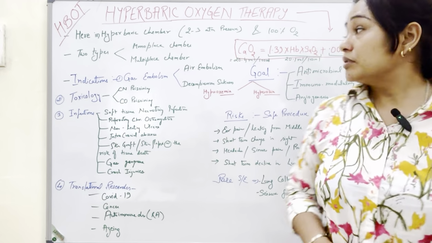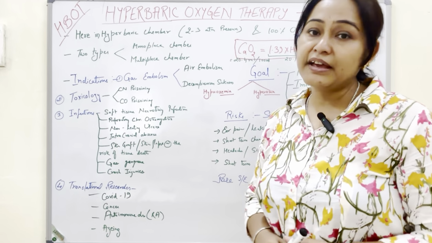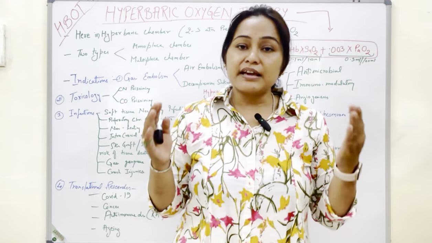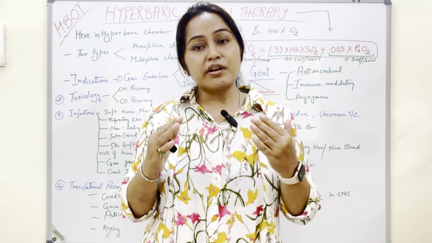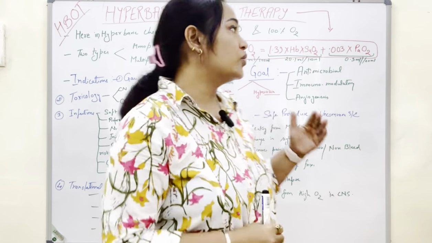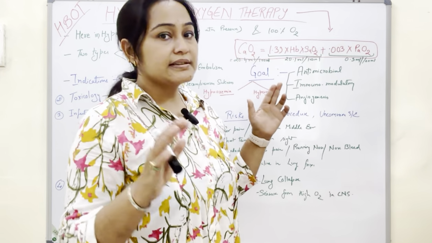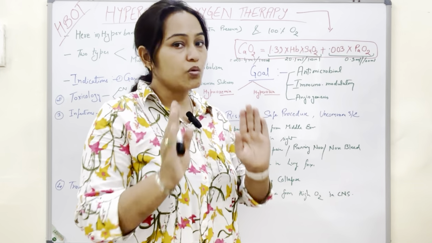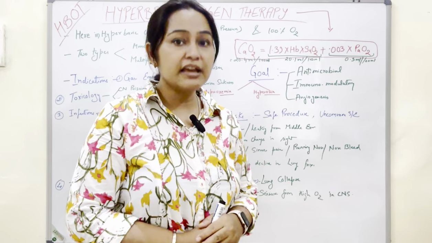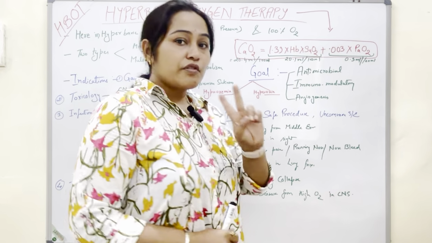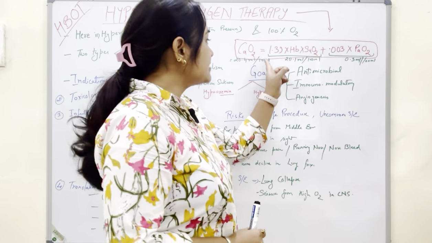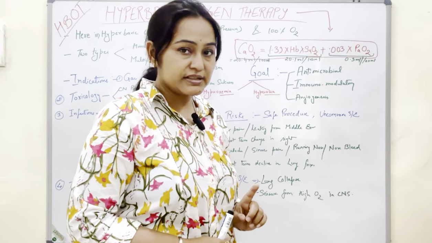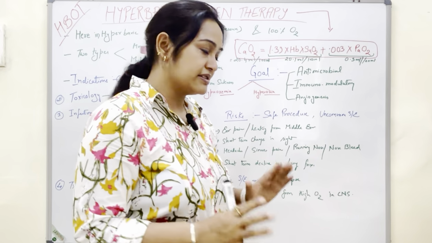Okay, now let me explain one thing: the arterial total oxygen content in the blood is denoted by CaO2, which is approximately 20.4 ml per 100 ml of blood. It is the total amount of oxygen present in the blood. It consists of two things: first is hemoglobin-bound oxygen, and second is dissolved oxygen, right?